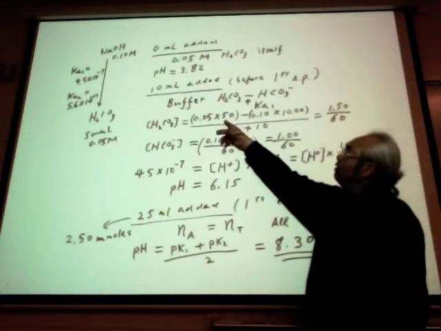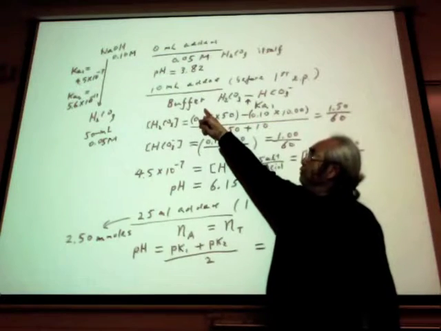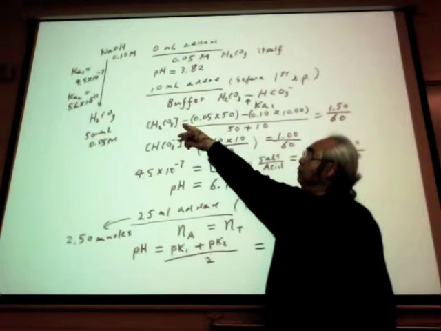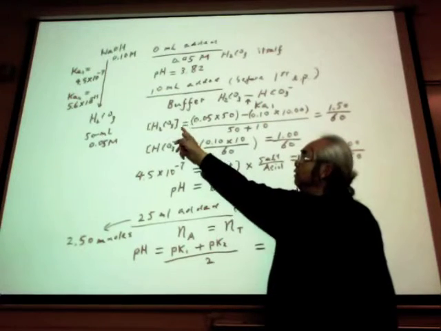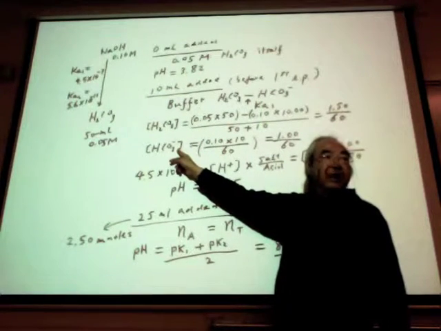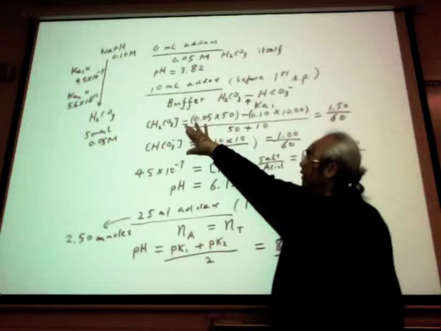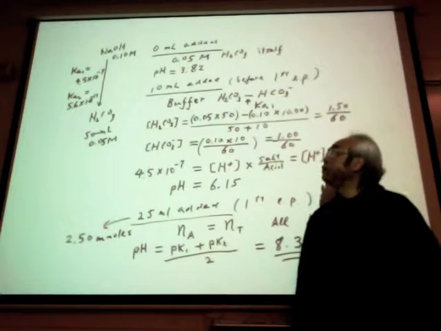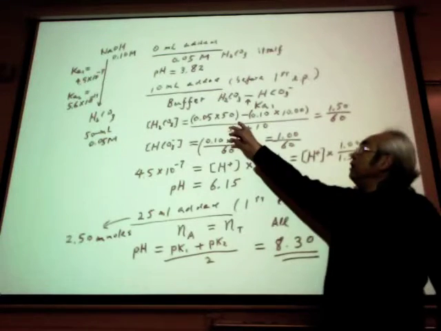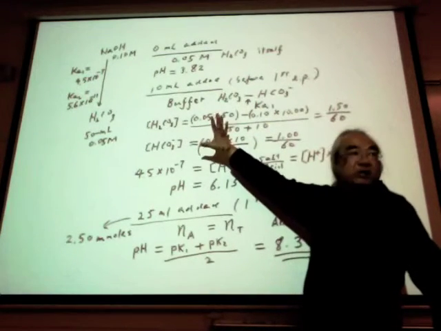Because of the buffer region, you need to know the concentration at equilibrium for the acid and its salt. So you need the acid and salt concentration, meaning how much is left.